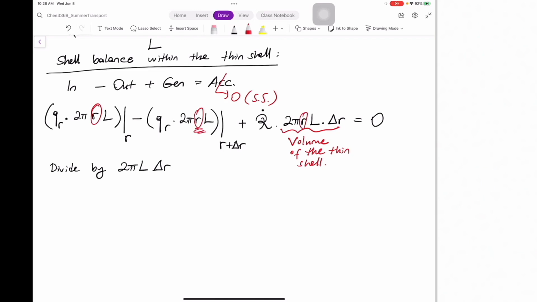This is basically the r calculated at r plus delta r. So it's changing. The r is changing with r. So I cannot simplify it. It's unlike the L's. L is constant, when you change the r, the L does not change. So you can actually get rid of the L's, but you cannot get rid of the r's. So that's very important. So please pay attention to that part.